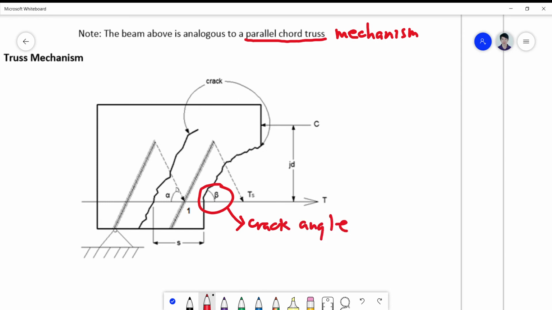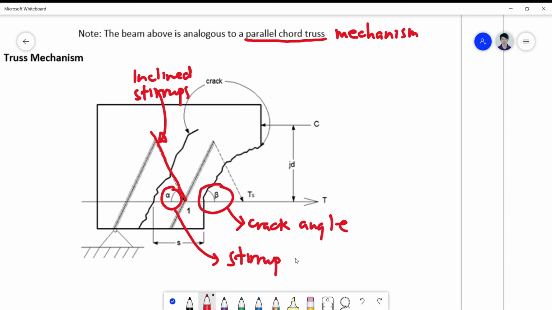And the stirrup angle, so if these are the inclined stirrups, assumed to be generally inclined, so you call this now your stirrup angle alpha.